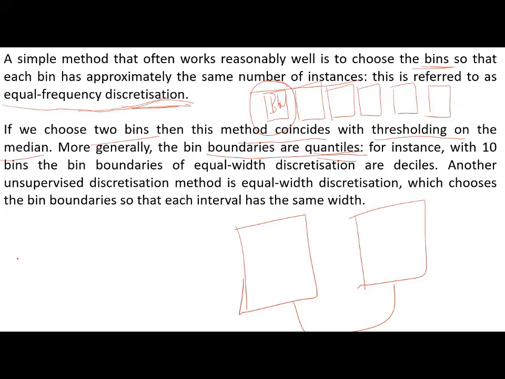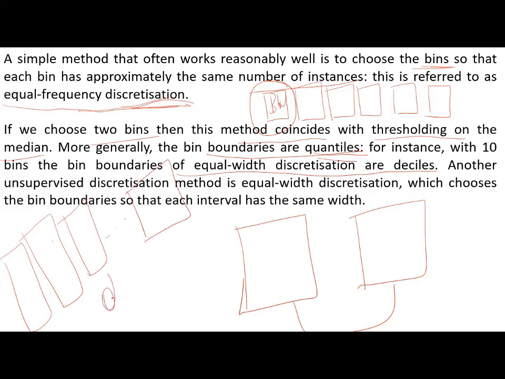Quantiles means 1 by 4: 25%, 50%, 75%, and 100%. This is called quantile. For instance, with 10 bins, the bin boundaries of equal frequency discretization are deciles. If we divide into 10, that is called deciles.